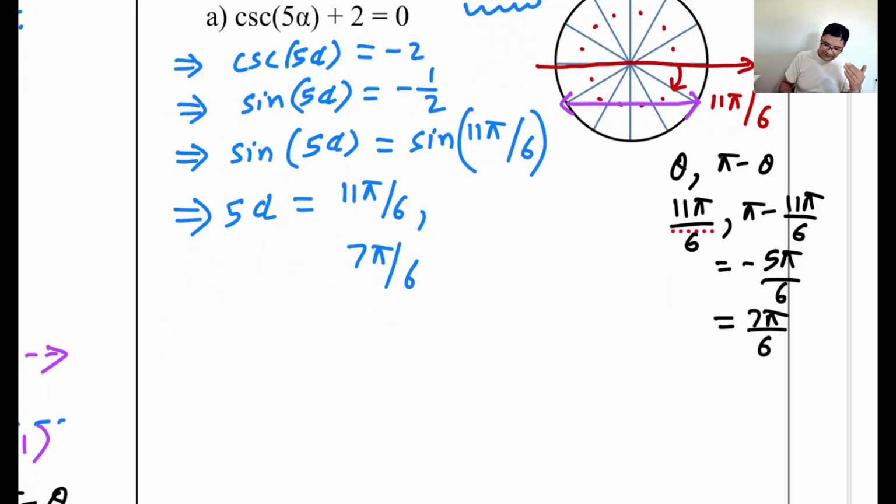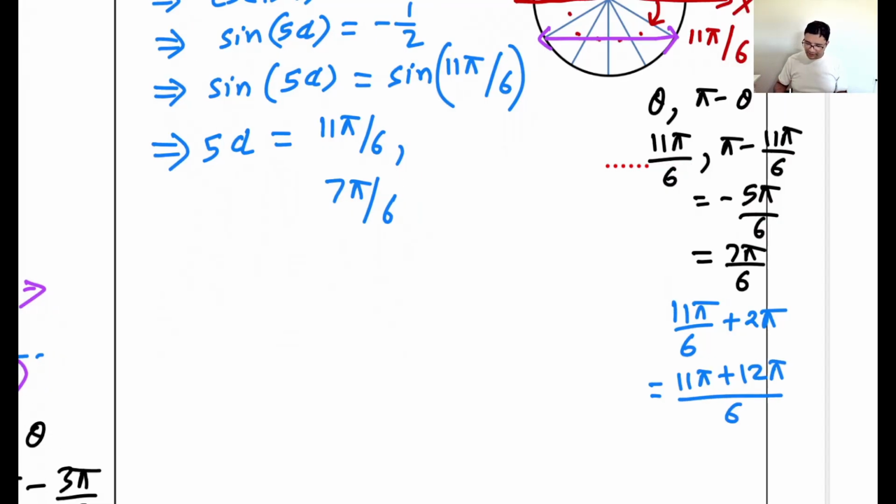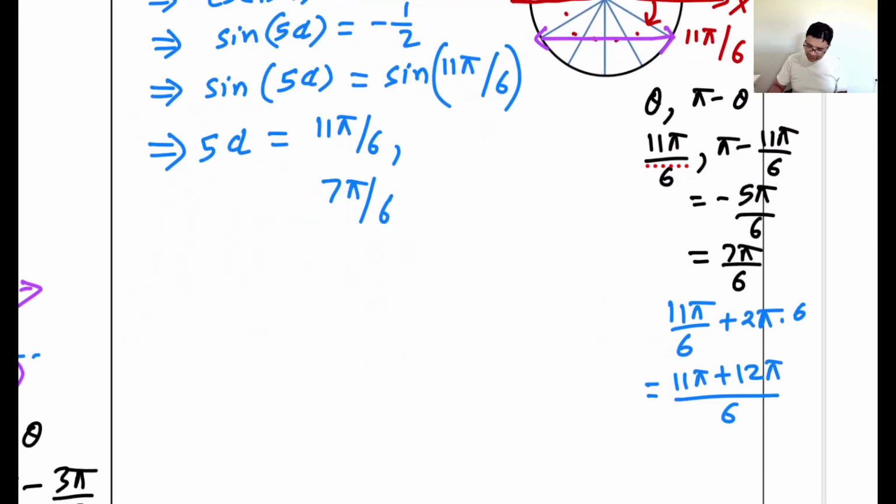As you will see, if 11 pi over 6 is one of them, another equivalent value you can get if you add 2 pi. That will be 11 pi plus 12 pi over 6. When you make the common denominator, that 2 pi you do 6 over 6, so it becomes 12 pi over 6, and you add them.